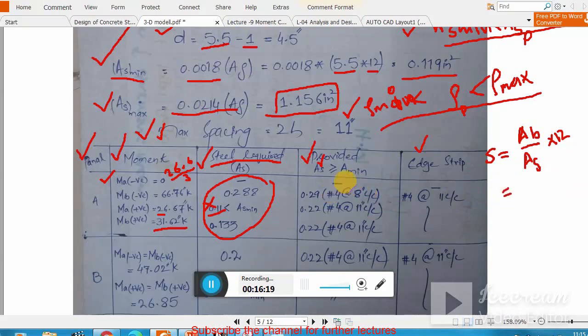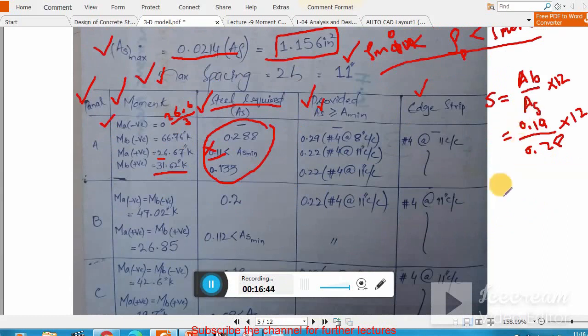Now for the area of bar, we are using number 4 bars, so you have to insert the exact value, 0.19 something, whatever the value, 4 to 5 digits you have to write down here. And As is your 0.288, and multiply by 12. Remember, this is a very new formula which I want to share with you.